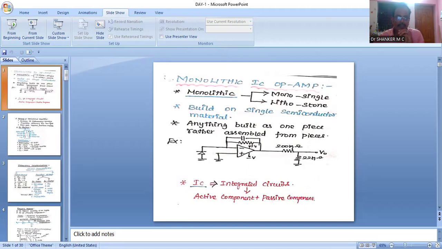An operational amplifier performs all the mathematical operations, and it also amplifies the difference between two signals.